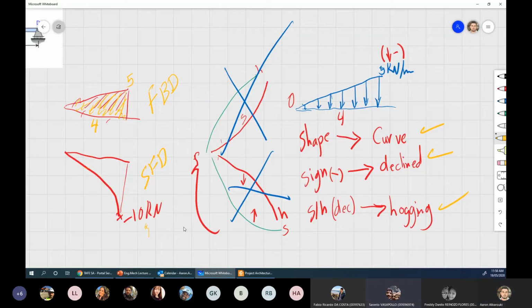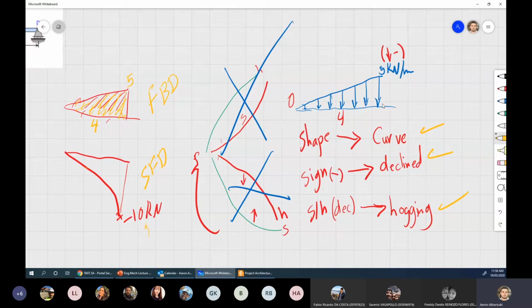If we look at the UVL now, it makes me think that the magnitude is increasing. Yes. The word magnitude I'm using here means the actual value, in terms of positive or negative. The magnitude is increasing, but in the negative direction.